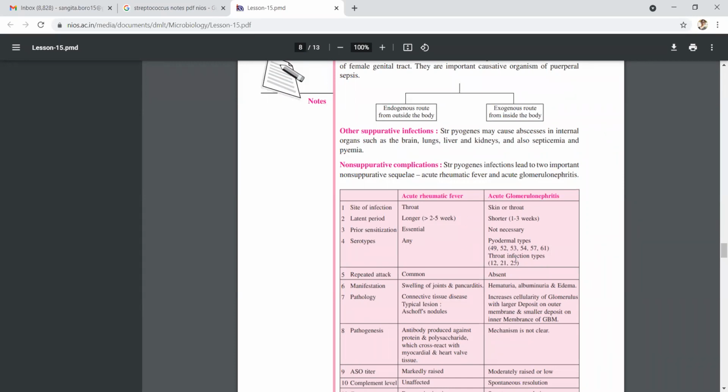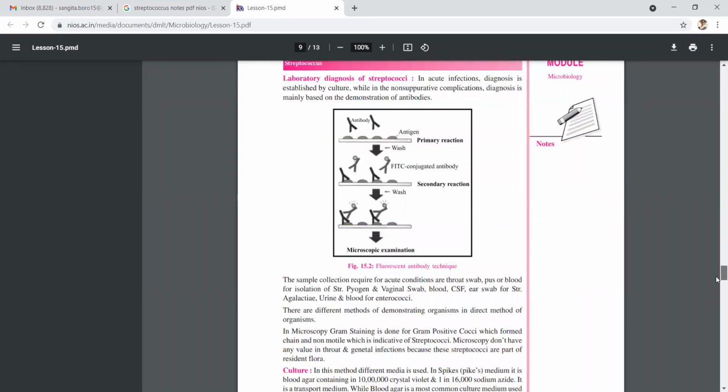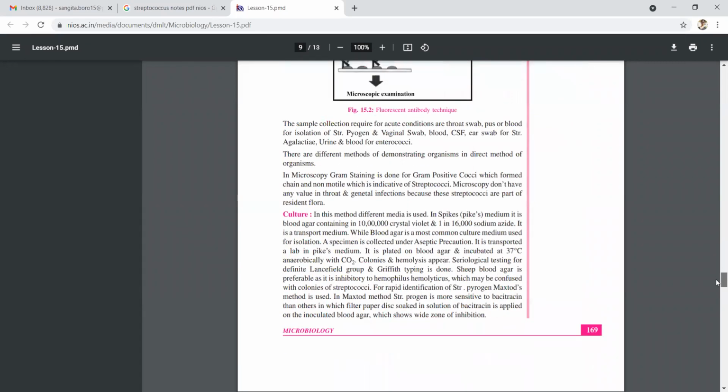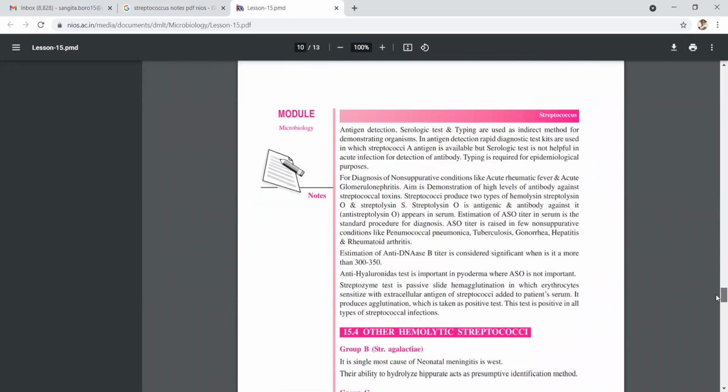This is another table which will give you the differences of the diseases. For lab diagnosis, we can take samples and go for Gram staining. Then we can do culturing of those bacteria, and also determine the presence of anti-streptolysin O, which will appear in the serum.